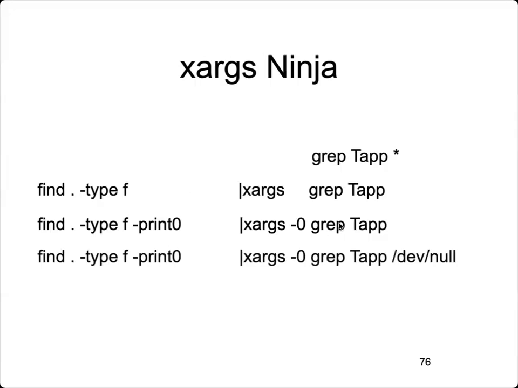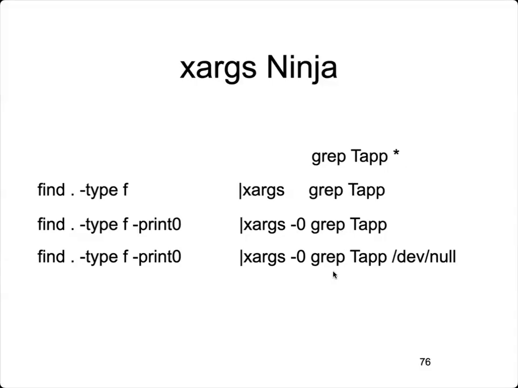And so what's crazy about this is if your find only has one file, or if the last invocation of grep only had one file, it doesn't prefix the output with the file name. So let me back up a second. When grep runs on multiple file names, it prefixes the matches with the file name that it found the match in.